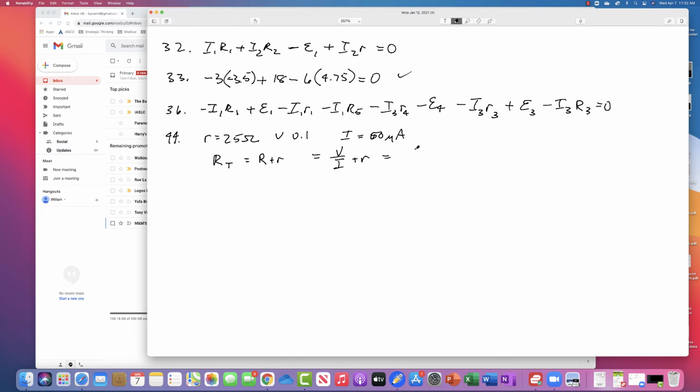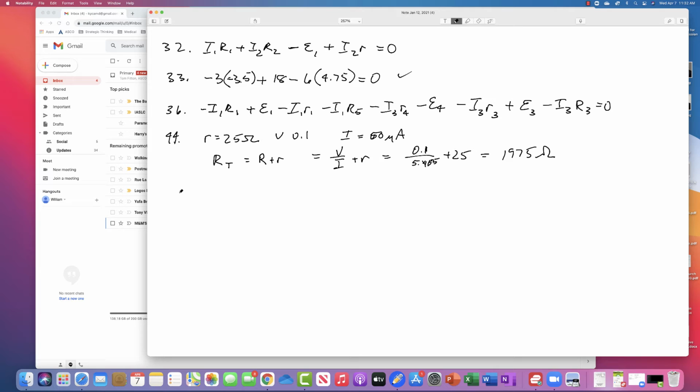So you get 0.1 over 5 times 10 to the minus 5 plus 25. And if you do the calculation, then RT equals 1975 ohms.